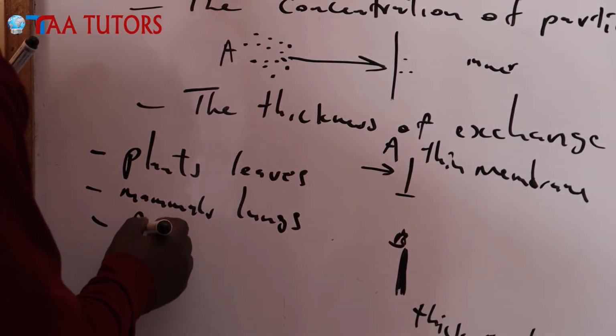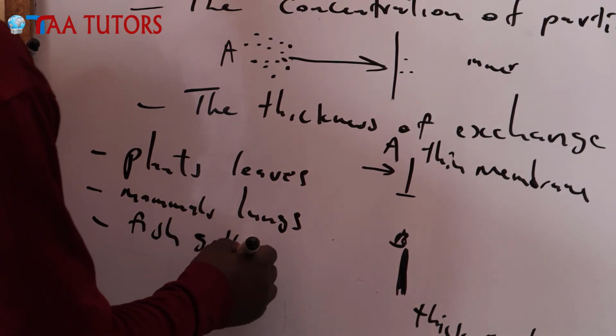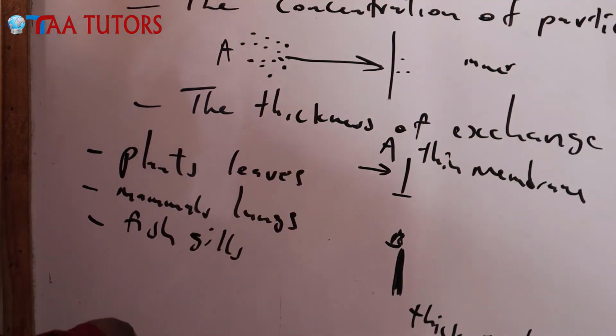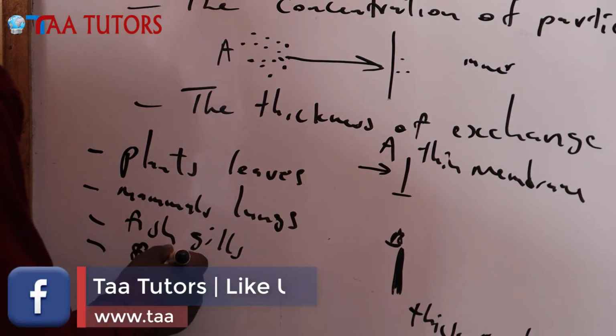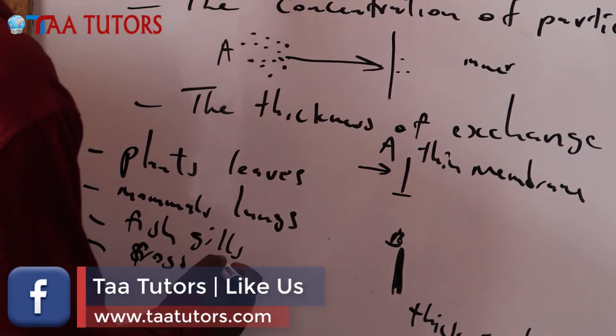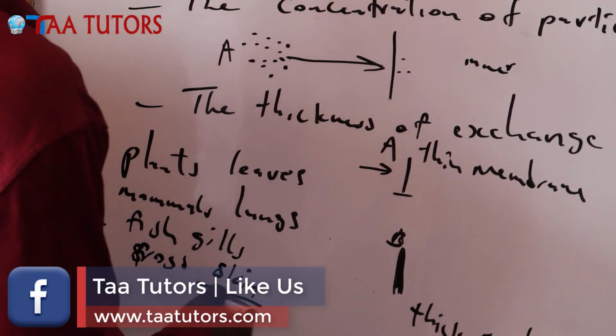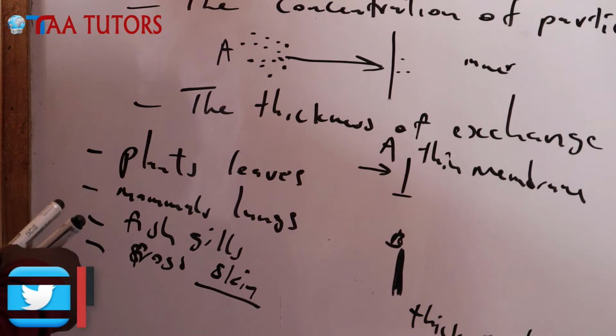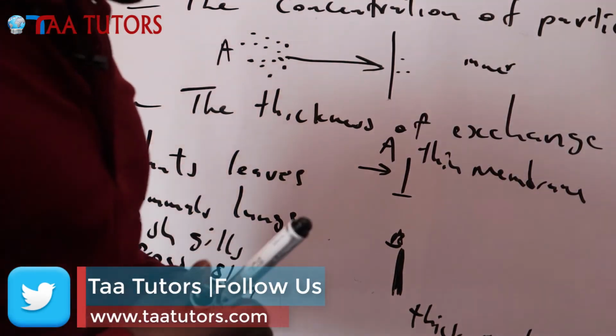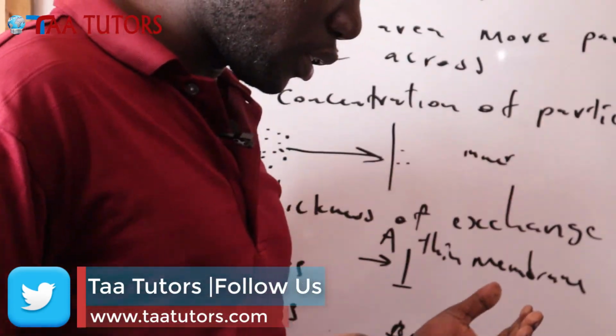In fish, we have gills helping in gaseous exchange. Some other animals can also do it through the skin, like frogs. Frogs can do their gaseous exchange through the skin, though not all animals can do this. This is very important to note, that this is very special for frogs. Those are the things that we are going to see when we talk about the gaseous exchange system.